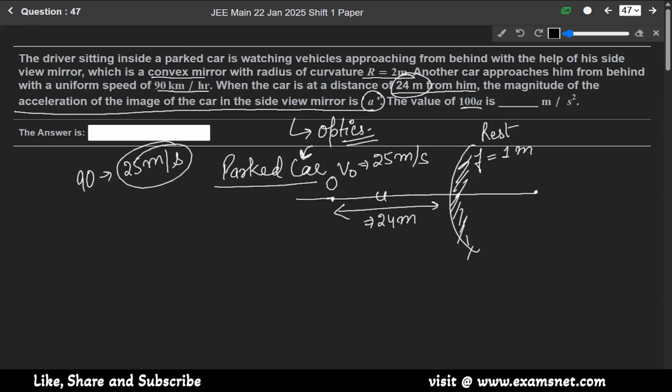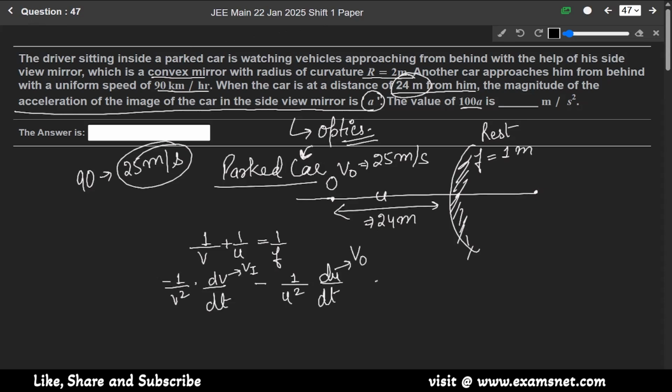So first we will apply the simple mirror formula, that is 1 over V plus 1 over U equals 1 over F. So first of all, if we differentiate it, we get minus 1 over V square dV over dt, which is Vi, velocity of the image, minus 1 over U square dU over dt, and it is V naught, velocity of the object, equals 0.